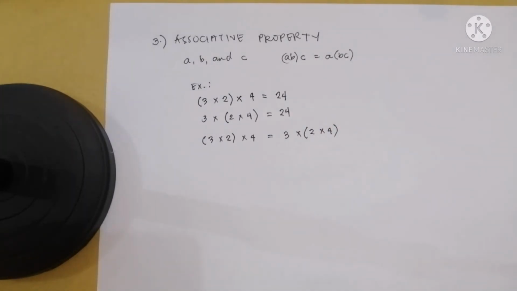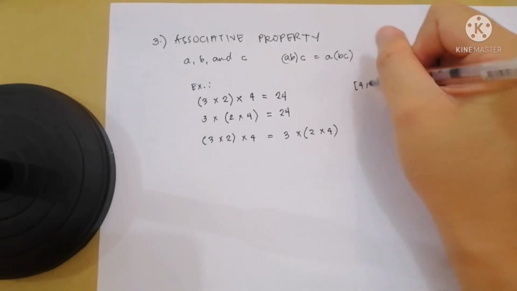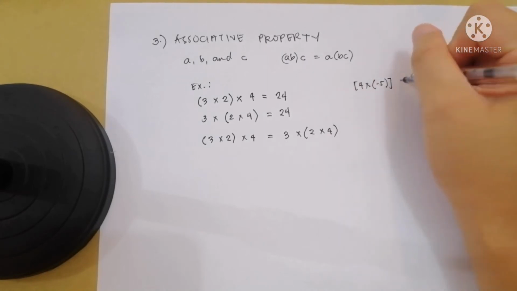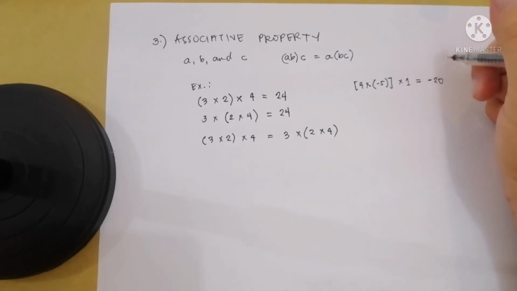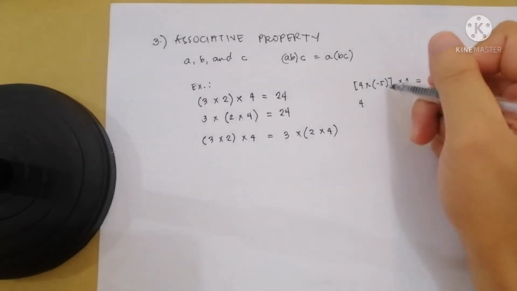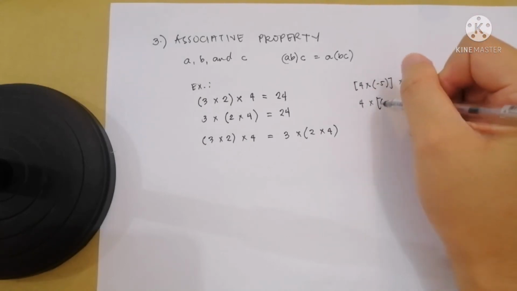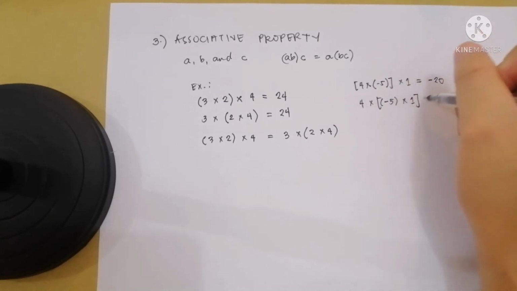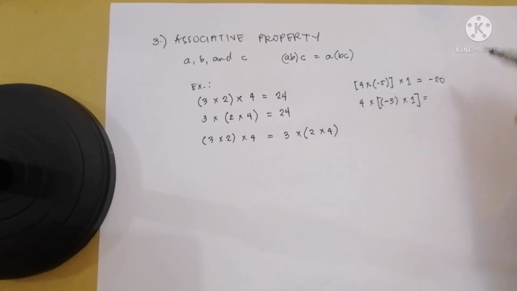Let's have another example here. We have the quantity of 4 times negative 5 being multiplied by 1 is equal to negative 20. And if we're going to group the negative 5 and 1, we have the quantity of negative 5 times 1, and let's see, negative 5 times 1 is negative 5, times 4, which is also negative 20.